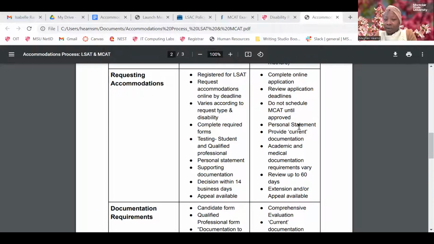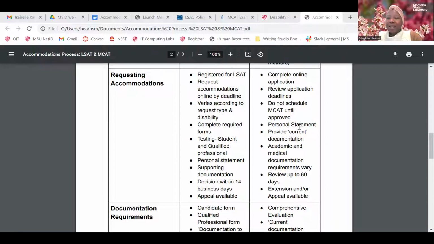It's going to vary. Commonly, however, with testing accommodations, so anything testing related, additional testing time, breaks, enlarged formatting, if you needed paper versus the computerized portion, if you needed a reader or a scribe, no Scantron, things of that nature, you must complete the student or the candidate request form, and there's a companion qualified professional form that also needs to be completed.